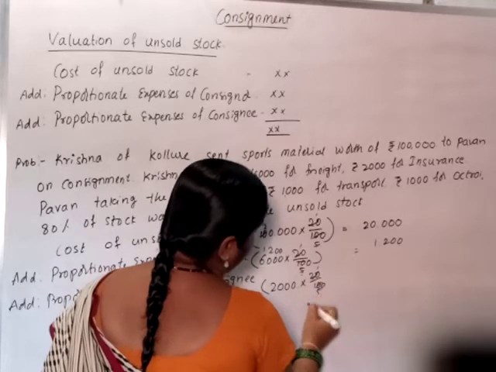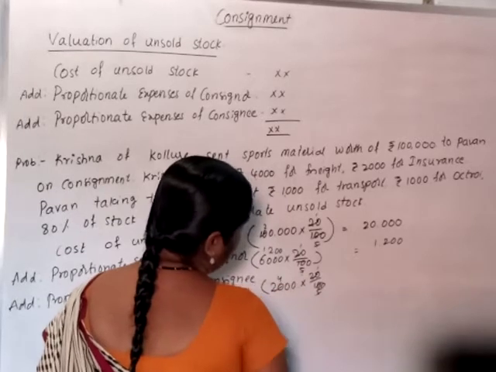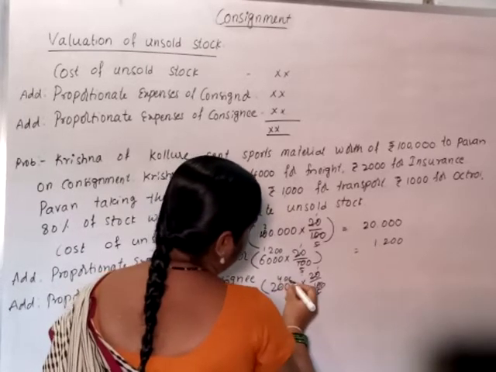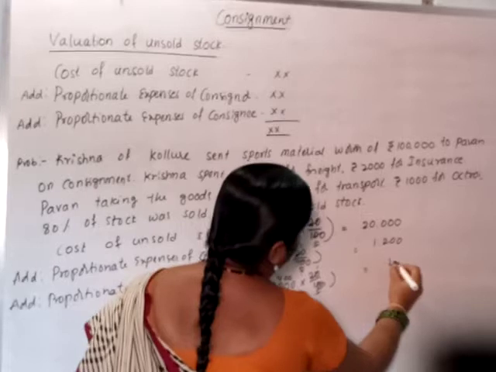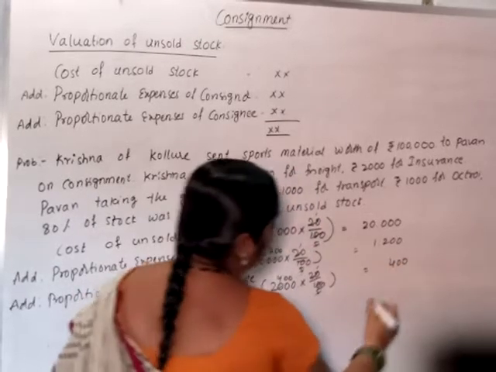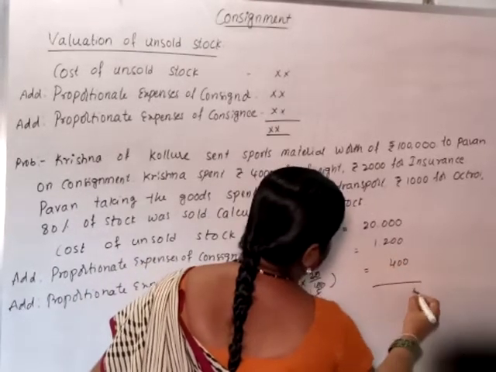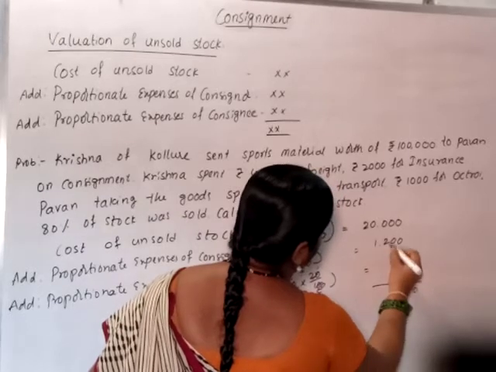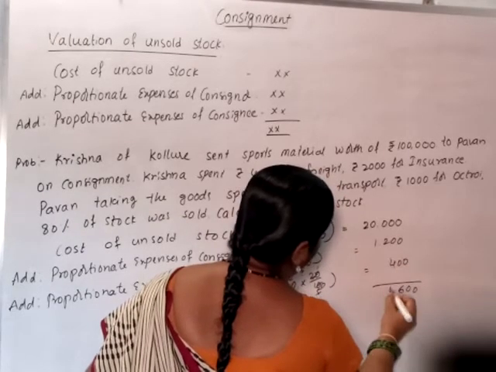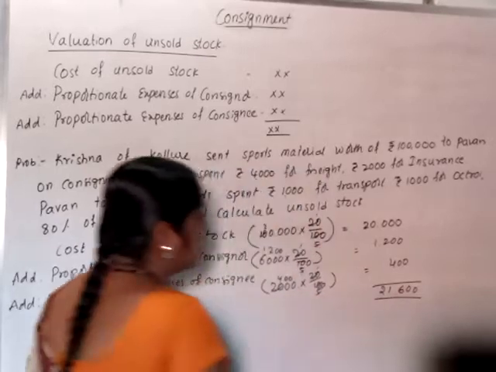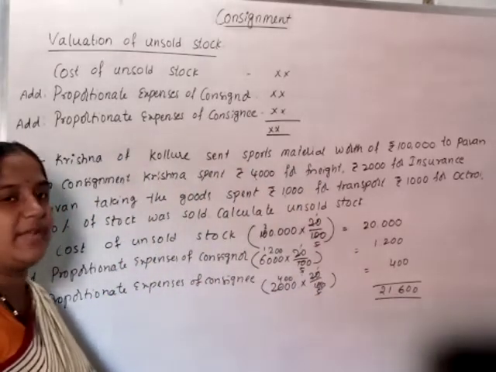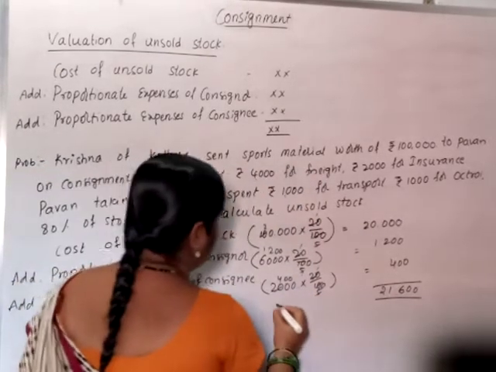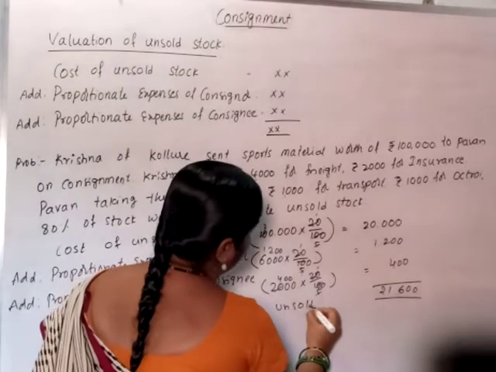It becomes 400. Now add up all: 20,000 plus 1,200 plus 400. So the unsold stock is 21,600. This is the value of the unsold stock.